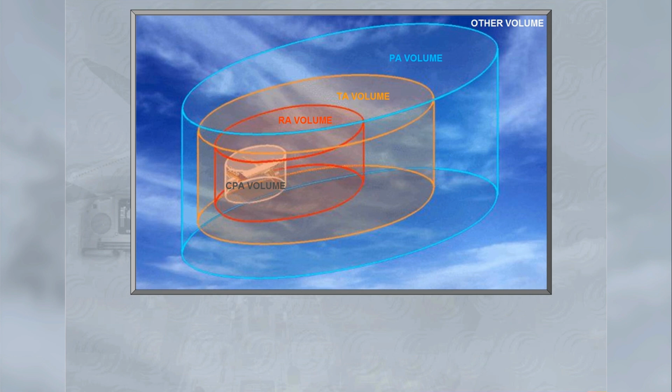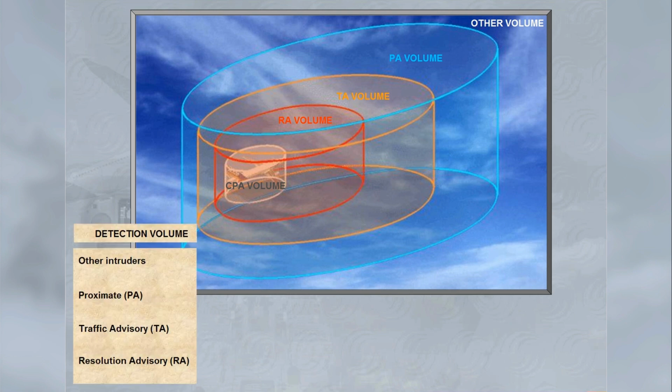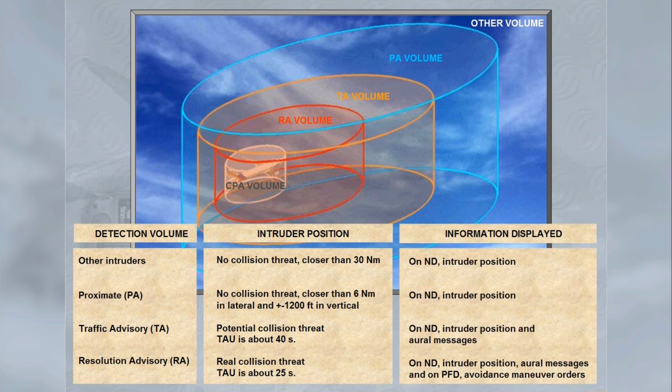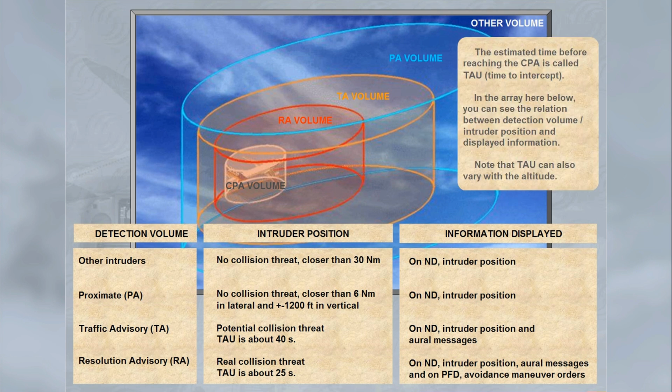The estimated time before reaching the CPA is called TAU, time to intercept. In the array here below, you can see the relation between detection volume, intruder position, and displayed information. Note that TAU can also vary with the altitude.